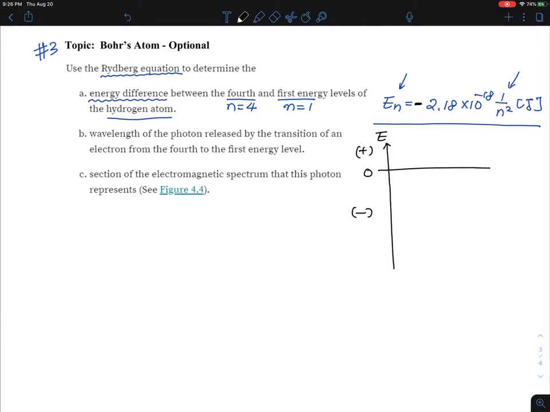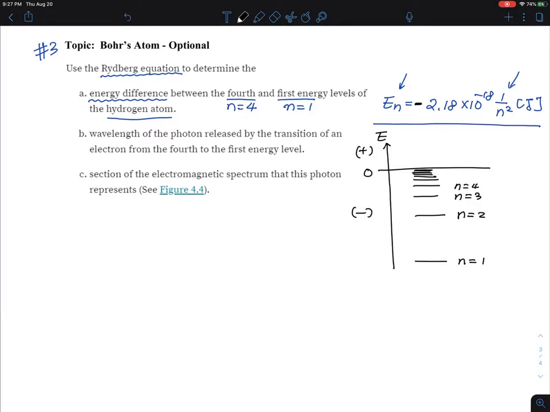All the electrons are bound here, and the lowest one is n is 1, the second one is n is 2, then n is 3, and n is 4. The spacing is getting very, very small, and eventually it just gets like this.